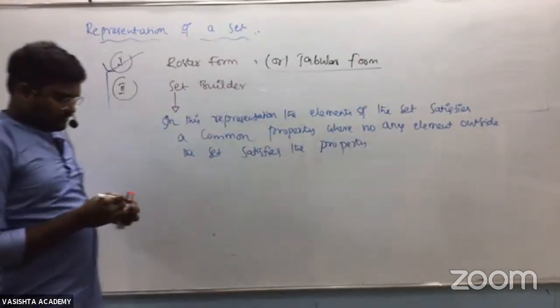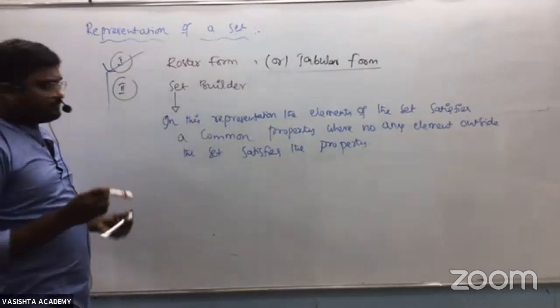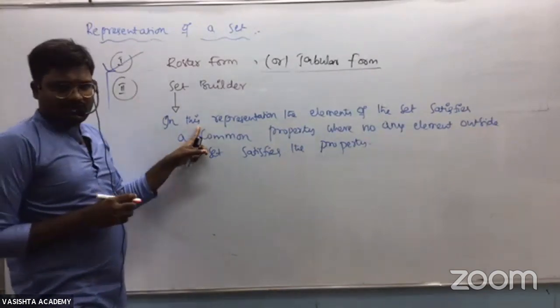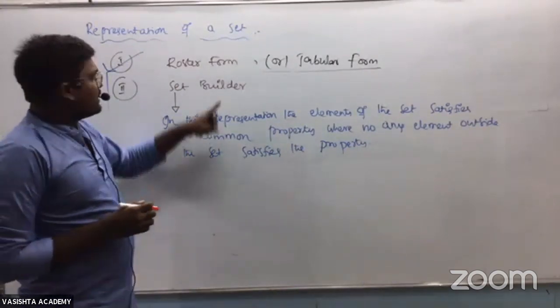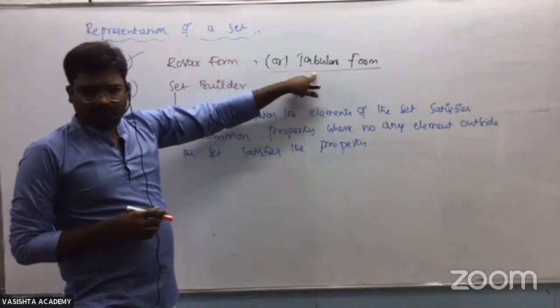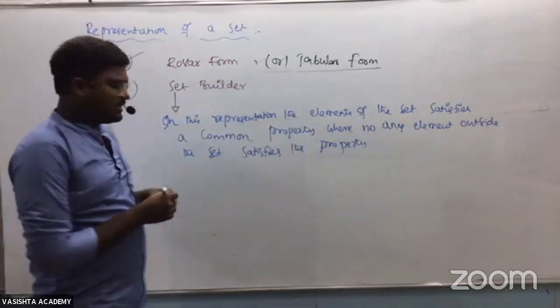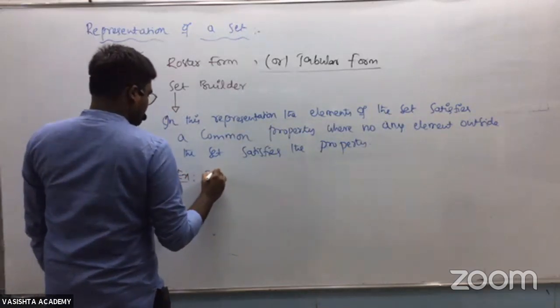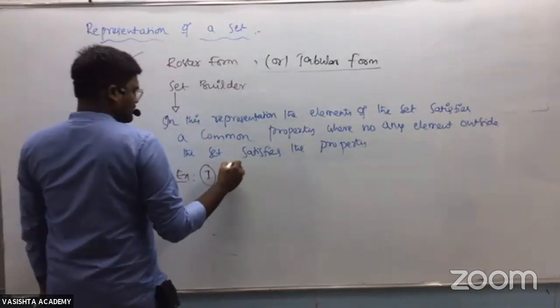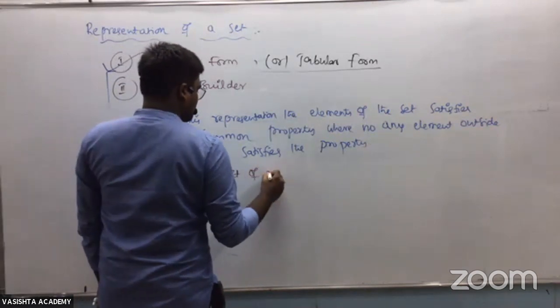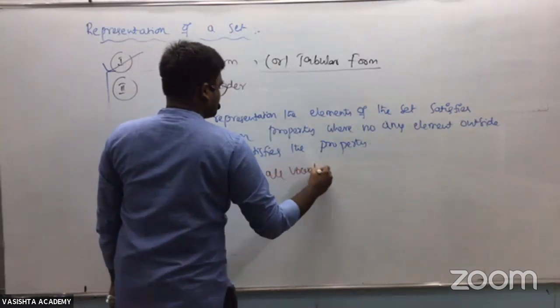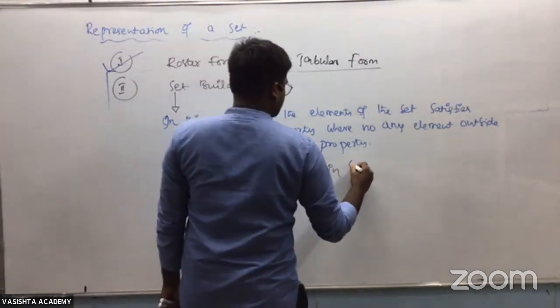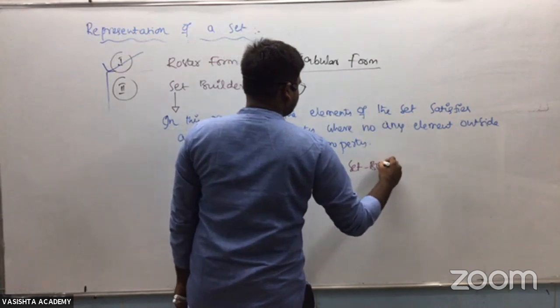The meaning of this is, here we don't list out the elements. In the roster form or tabular form, we listed out the elements, right? We will take the same examples as in the previous case. What is the first example? Set of all vowels in set builder form.